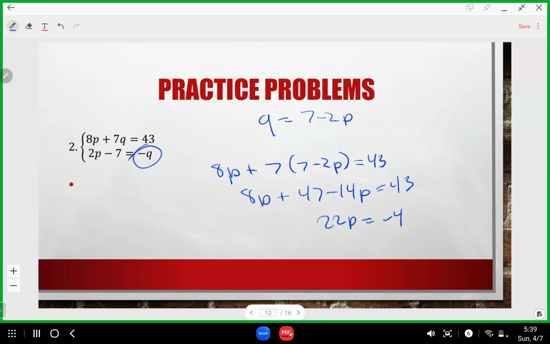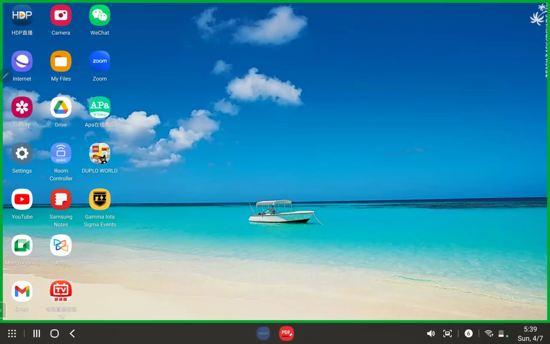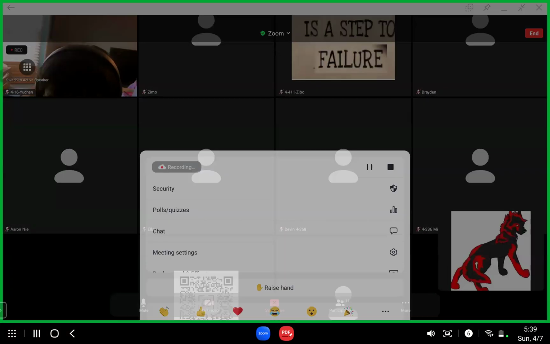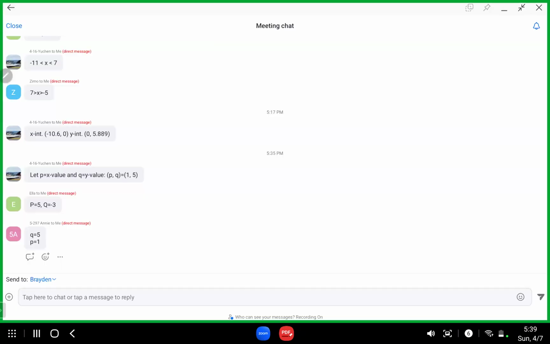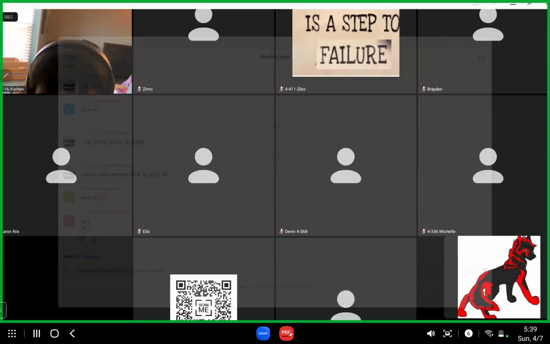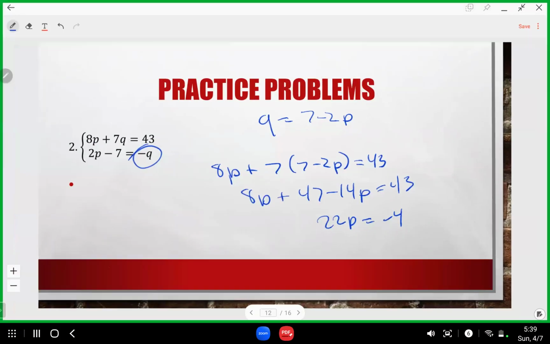Let's see. Did anybody get that right now? Let's see what we did wrong here. So we do have this correct, 7 minus 2p like this. We plug it in. So 8p plus 7 times (7 minus 2p). We should have this, right?